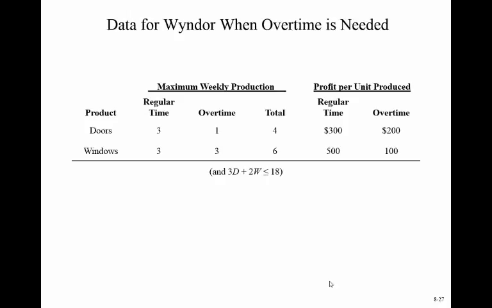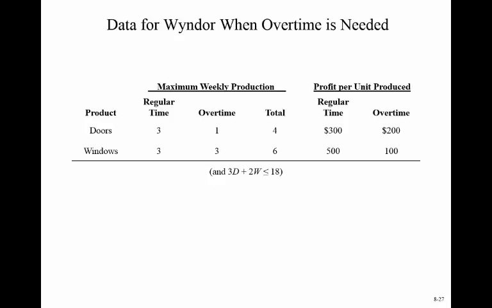So again, here's some data. In the far left part, it says you can produce 3 doors and 3 windows on regular time, and that carries a certain cost. However, if you want to produce any more doors, say 1 more door for a total maximum of 4 for the week, that extra door is going to have to be done on overtime.